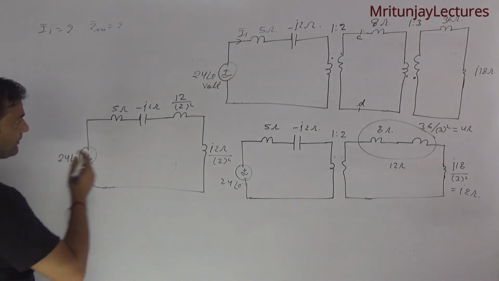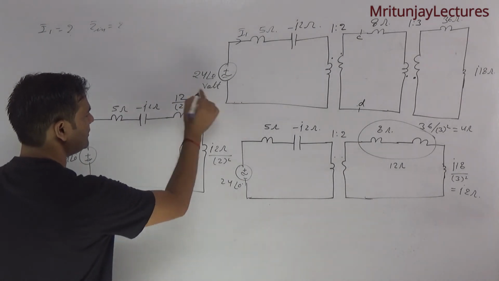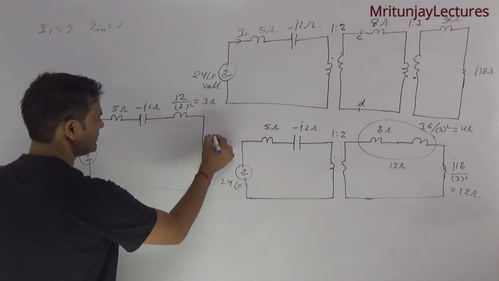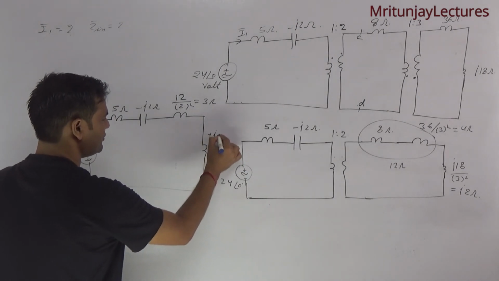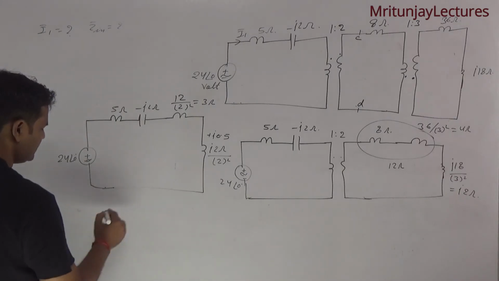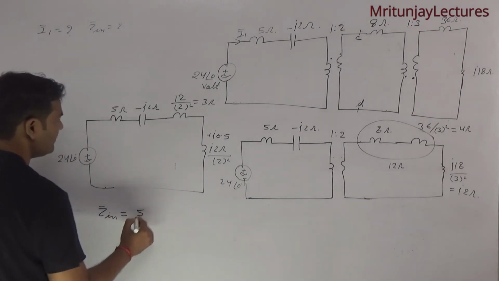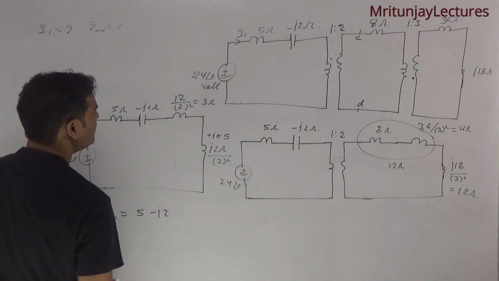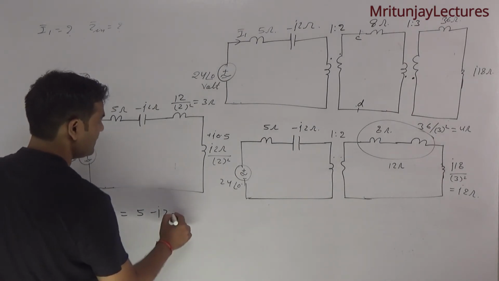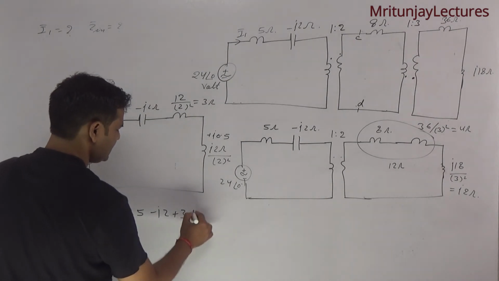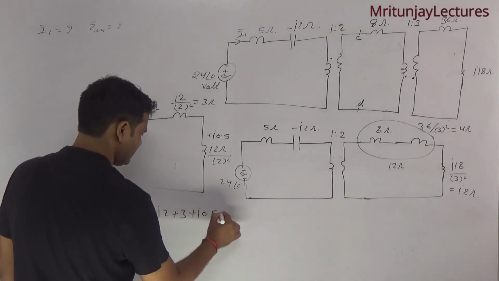Now this one is 3 ohm, and this one is plus J0.5. So finally Z in is equal to 5 minus J2, plus 3 and plus J0.5.